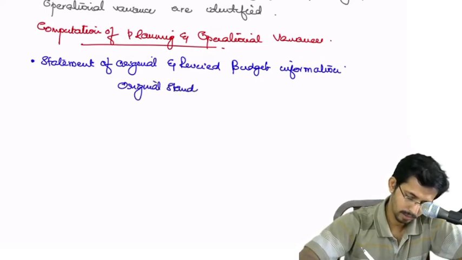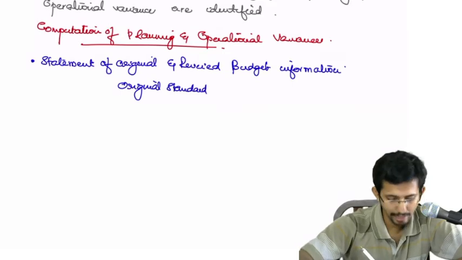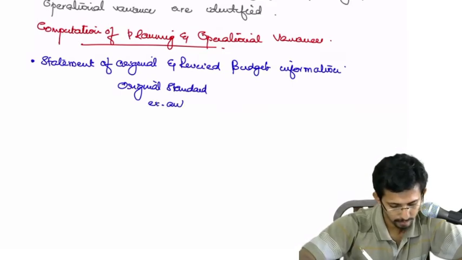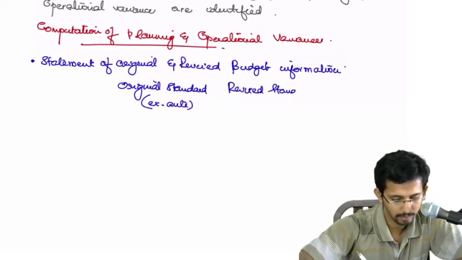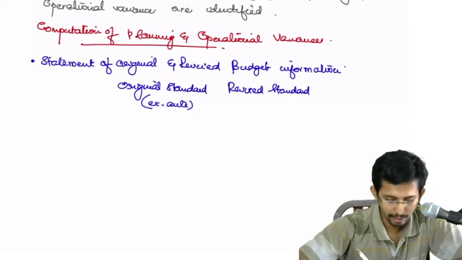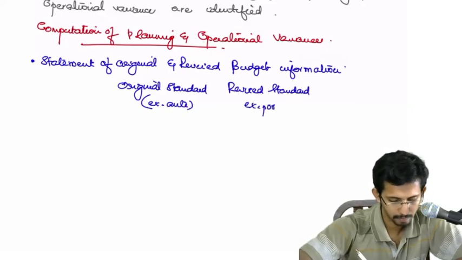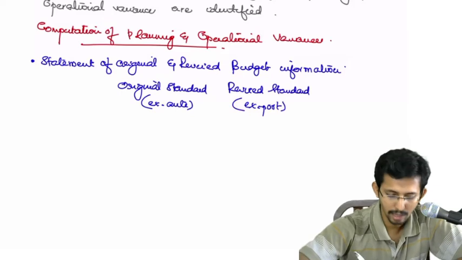Okay, so you can have original standard. Original standard is also known as ex ante. Then you have revised standard. This is ex post. Then actual.